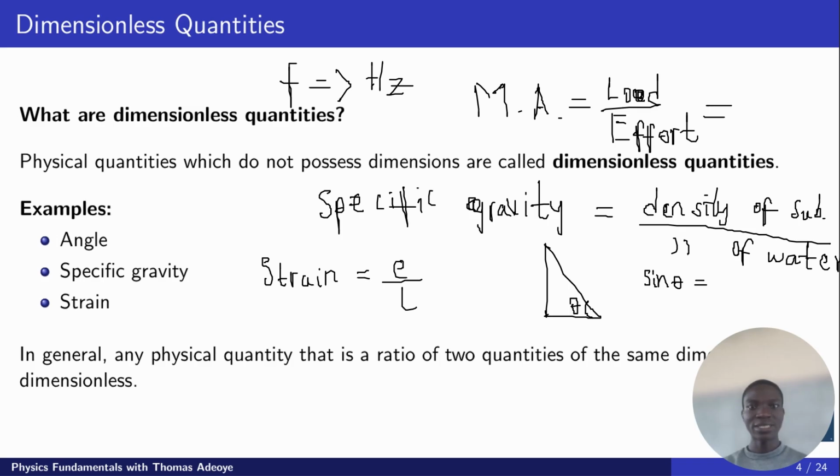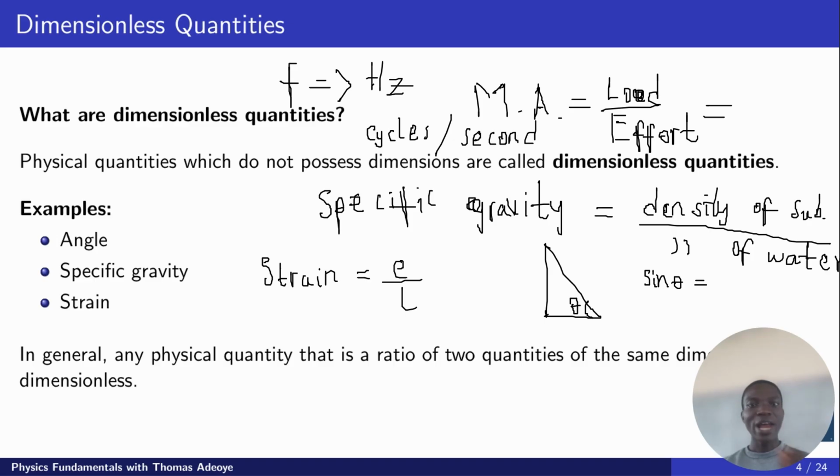And another unit that we can say frequency is measured in, because frequency is given as the number of cycles per time. So it is n over t, where n is the number of cycles. So that's why some people will say, which is correct, that frequency is cycles per second.